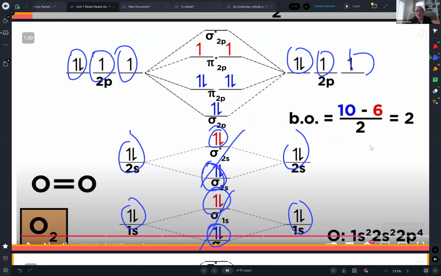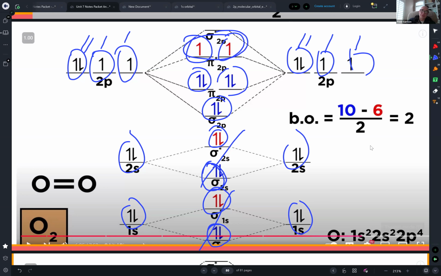Where the bonding occurs is with the pi bonds, with the p's. And so I put 1, 2, 3, 4, 5, 6, 7, 8. I put 8. 1, 2, 3, 4, 5, 6, 7, 8. Now, with this, we are going to have some canceling out. Those 2 are going to push out one of those bonds. And now that shows you I've got a double bond that's going to occur.